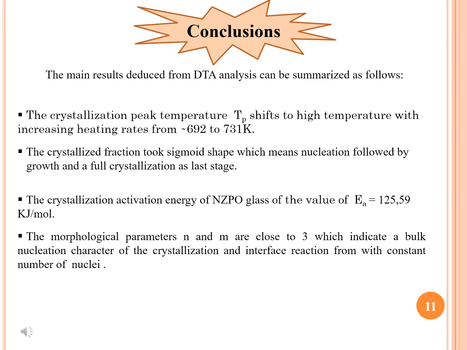The crystallization activation energy of the glass has the value of 125.59 kJ per mole. The morphological parameters n and m are close to 3, which indicates a bulk nucleation character of the crystallization and an interface reaction with a constant number of nuclei.